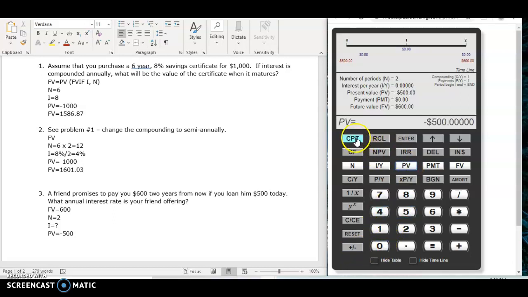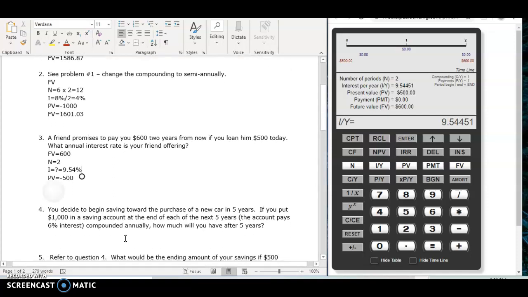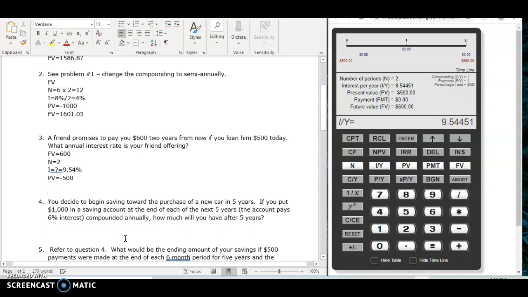And then we're going to hit compute I, and it's going to tell us what the interest rate would be. So interest rate would be 9.54%. So you can solve for the different factors as long as you have enough information to do that. So let's look at our next one.